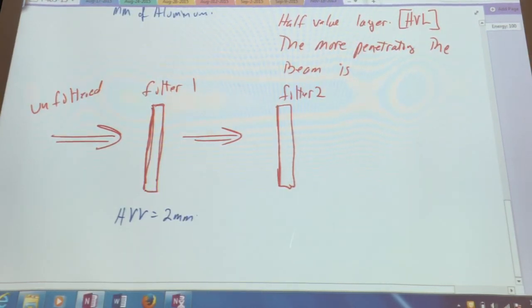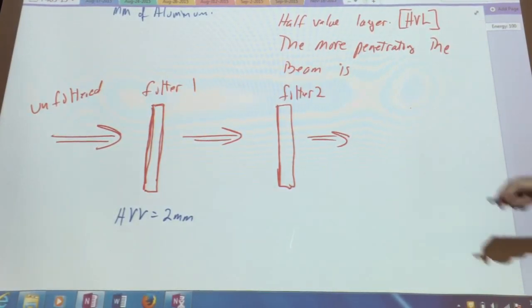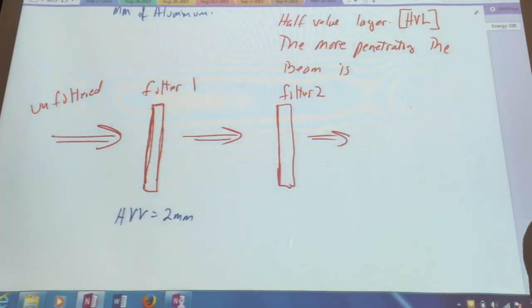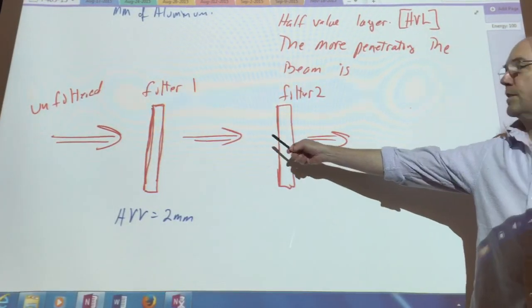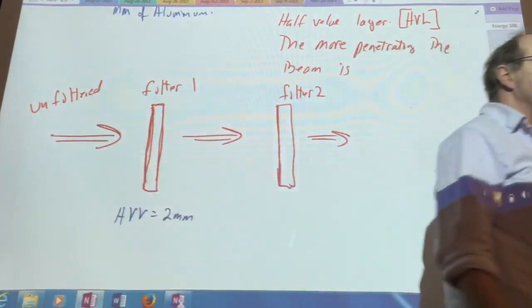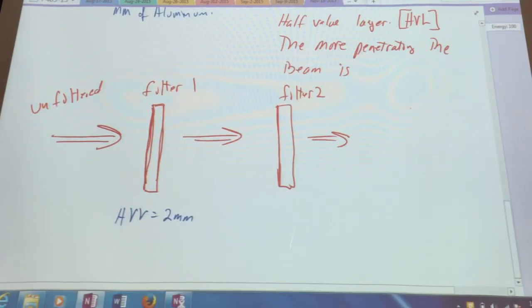And I'm trying to figure out what comes out of the second filter. Two filters. The first one happens to be at the half value layer, 2 millimeters. And the beam that comes out of here compared to this beam, compare those two beams in terms of penetrating power.